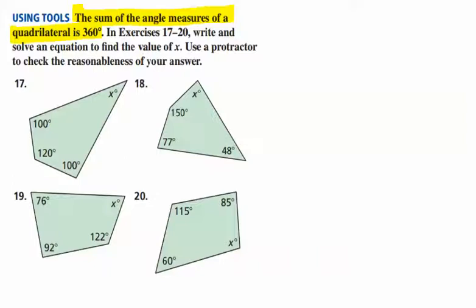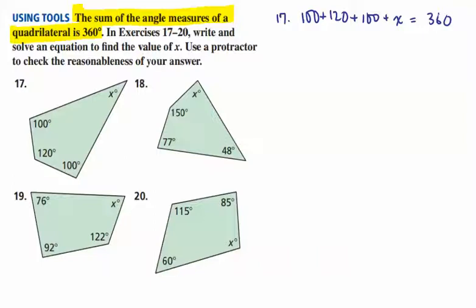So let's start with number 17. In number 17, we know that the sum of the angle measures of a quadrilateral, so 100 plus 120 plus 100 plus the unknown angle, have to add up to 360 degrees.